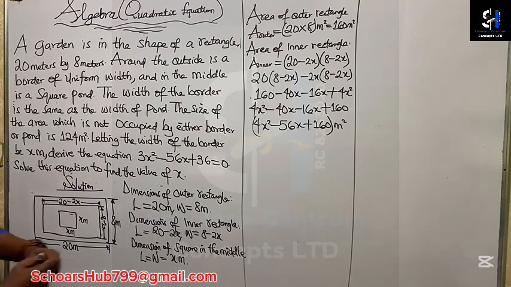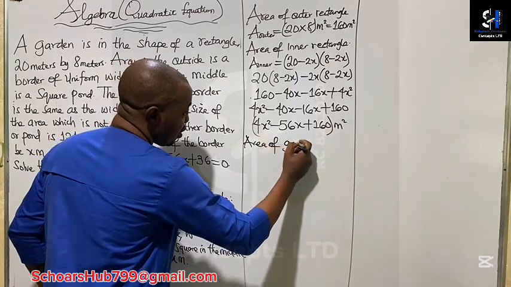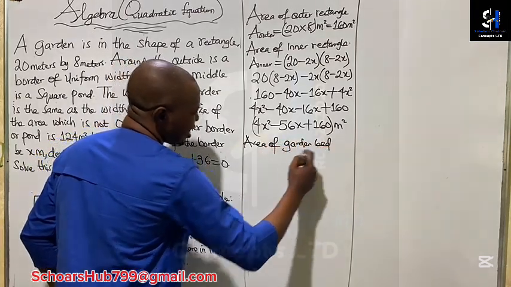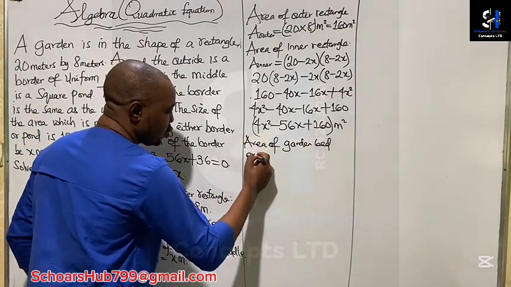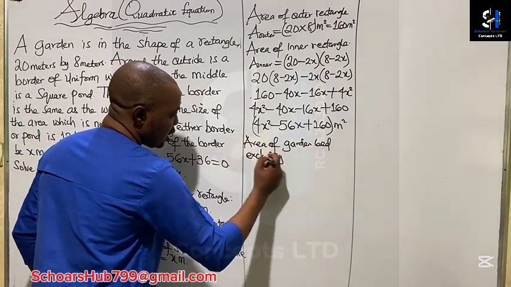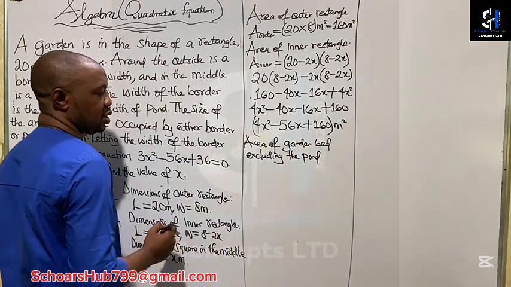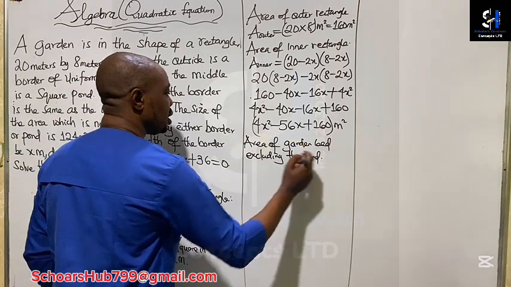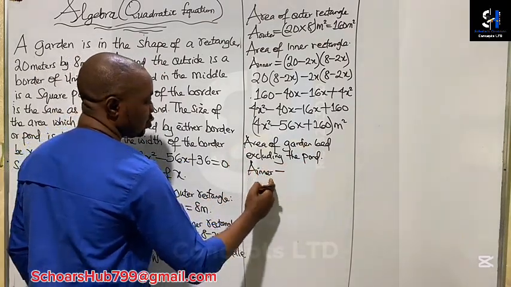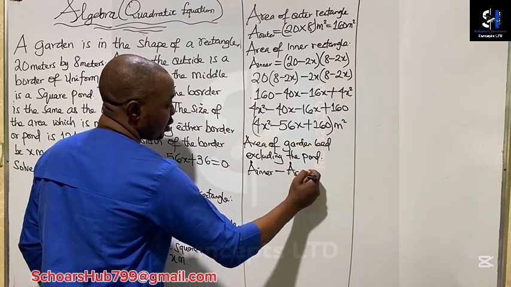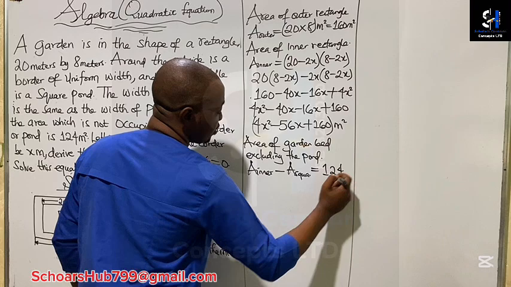So the area of the garden bed, that is the inner rectangle, excluding the pond, is the area of the inner rectangle minus the area of the square pond, and that will be equal to 124.